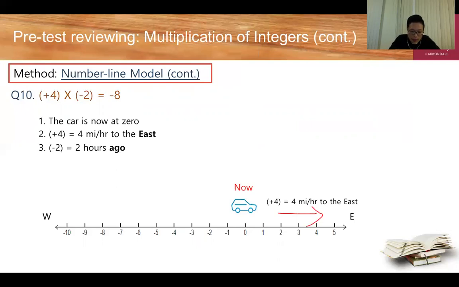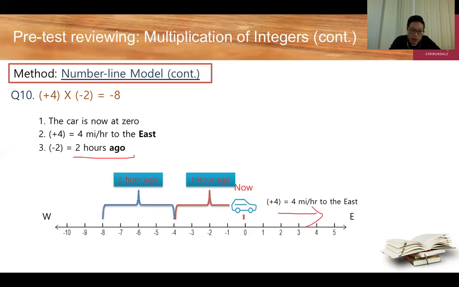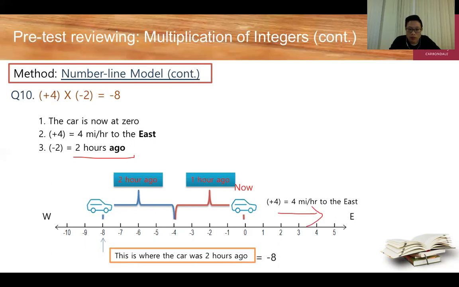And the multiplier right now is -2. -2 means 2 hours ago, right? So 1 hour ago, the car was at a -4 position. And 2 hours ago, the car was at a -8 position. So this is where the car was 2 hours ago. And the answer is -8.